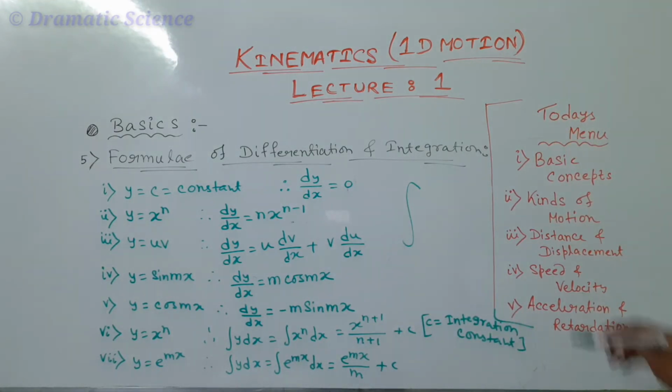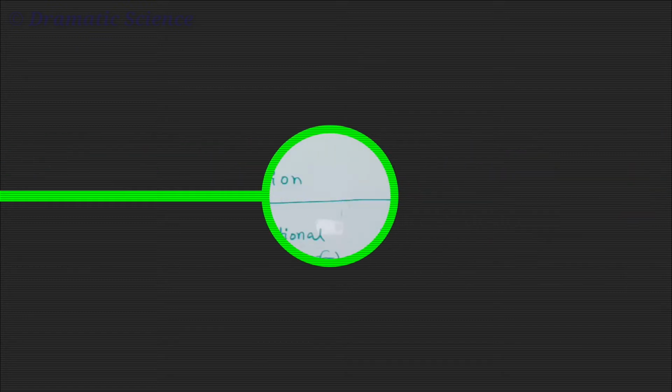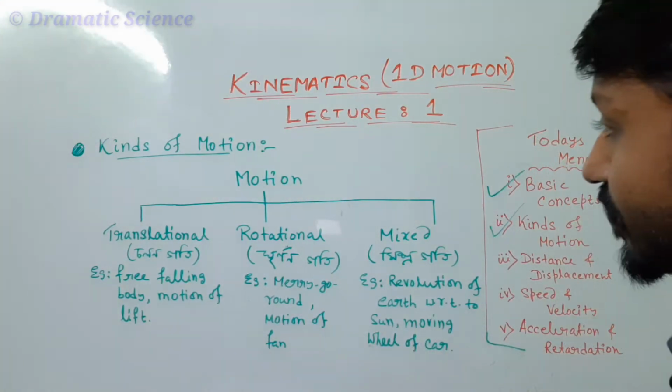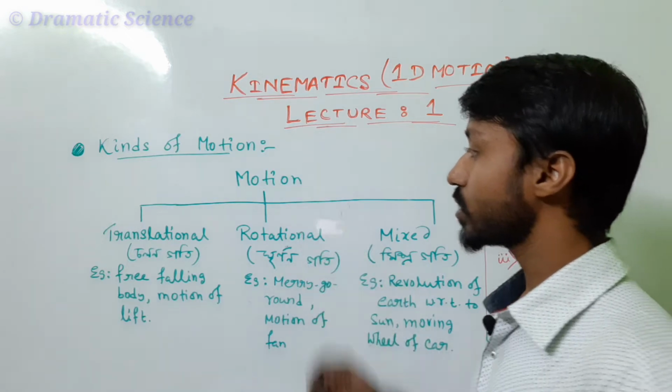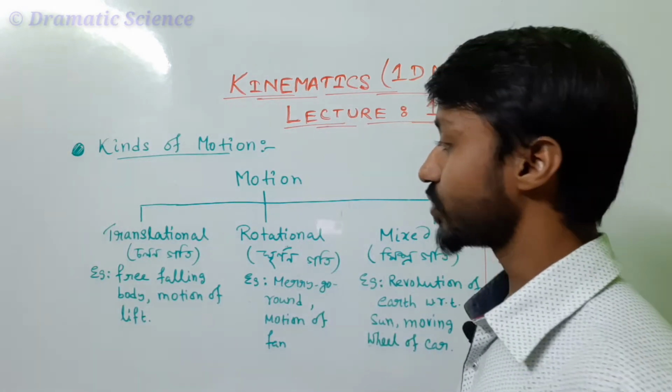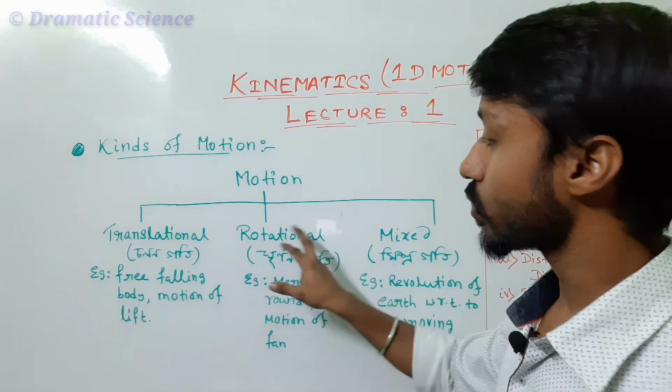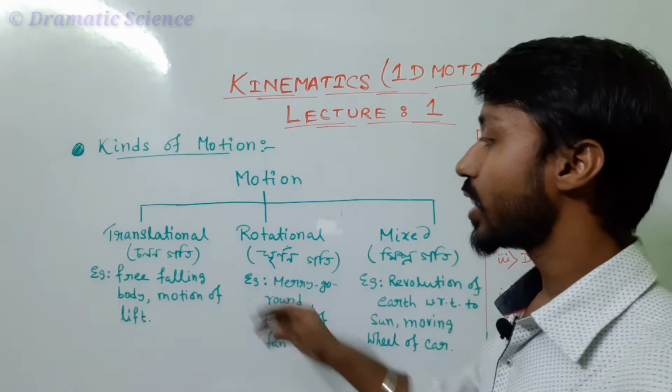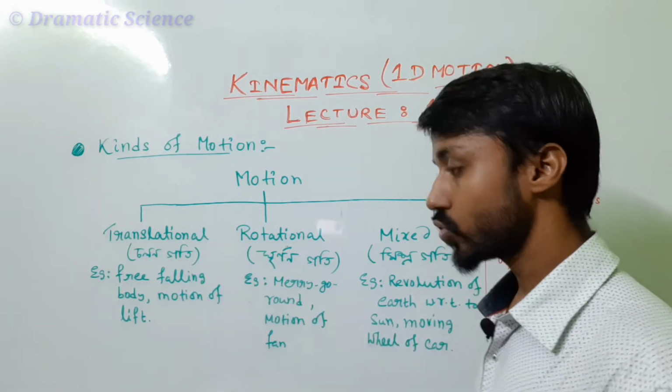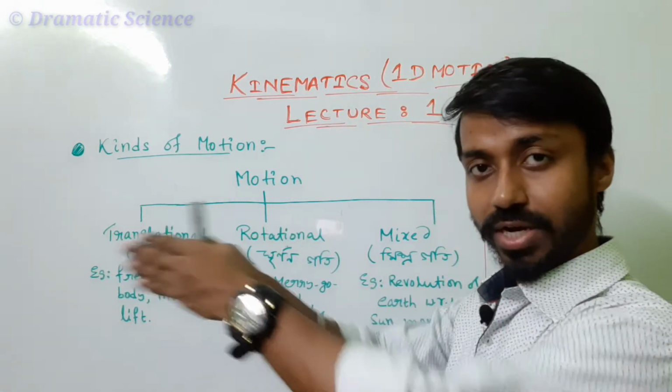Next we will move towards kinds of motion. Here we have the classification of motion. Basically, motion is classified into 3 types: translational motion, rotational motion and mixed motion. In the case of translational motion, a body moves along a straight line.